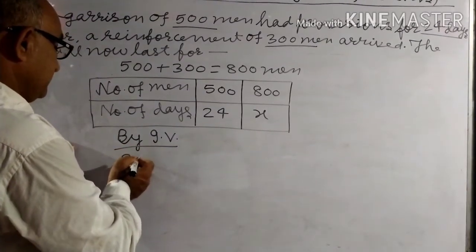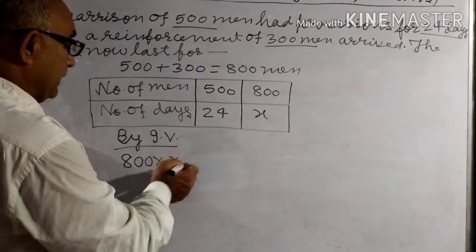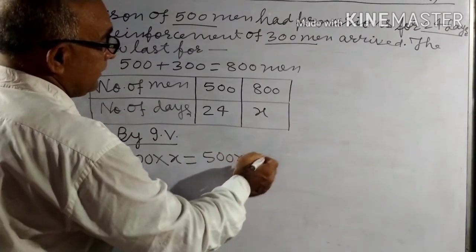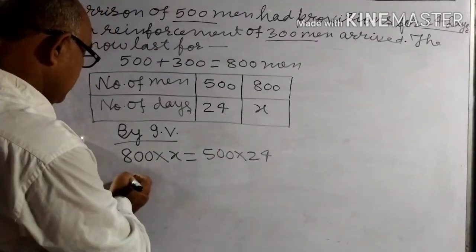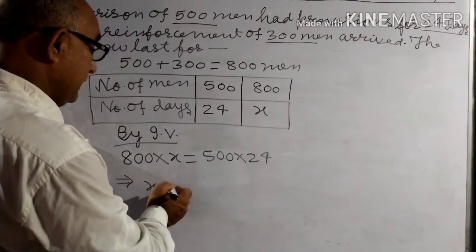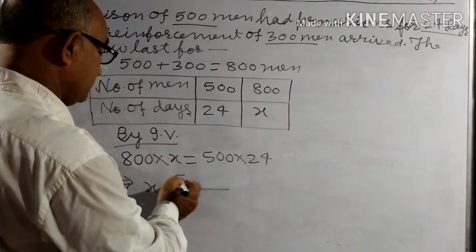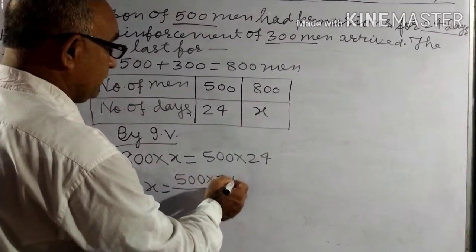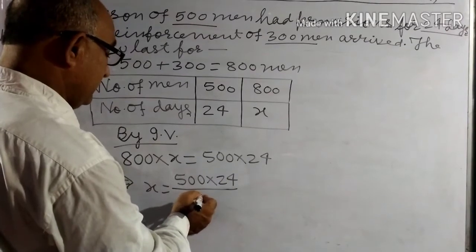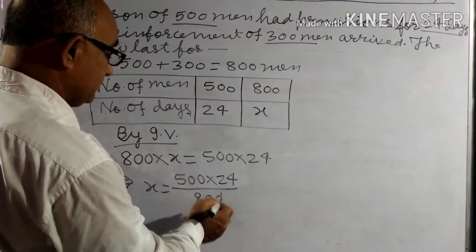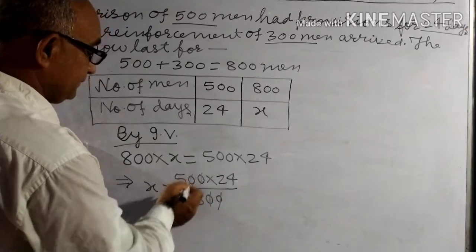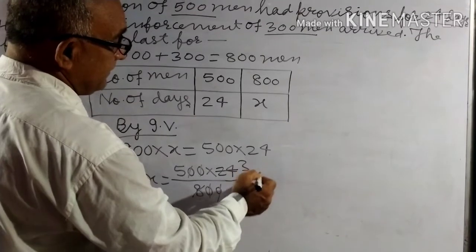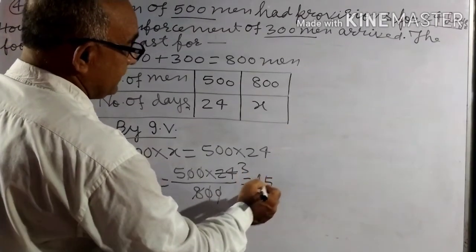So 800 into x equal to 500 into 24. That implies x equal to 500 into 24 divided by 800. Double zero cancels double zero. 8 threes are 24 and 5 threes are 15 days.